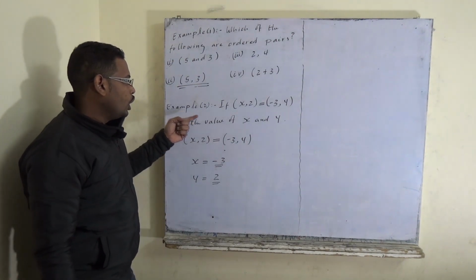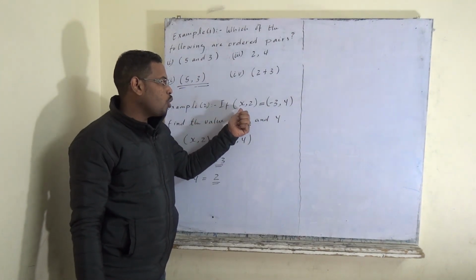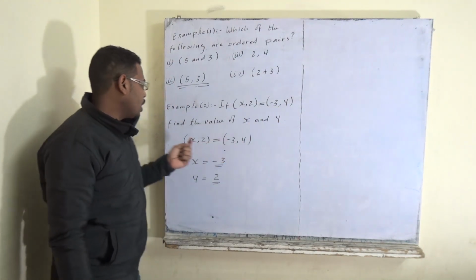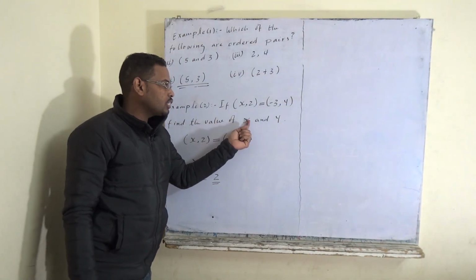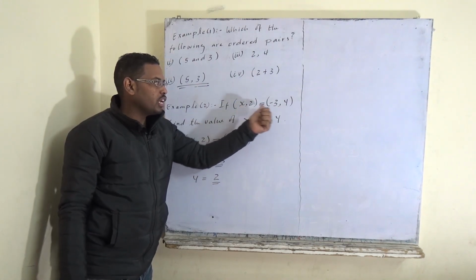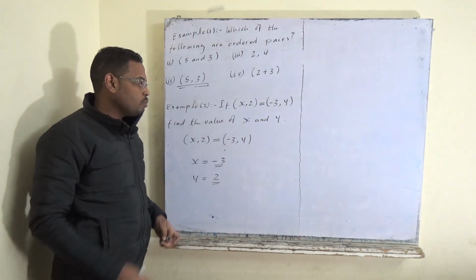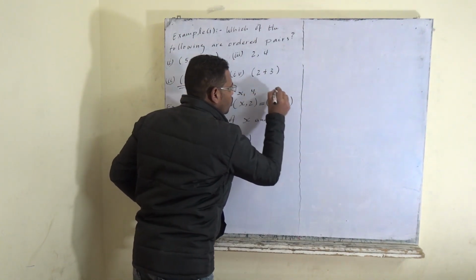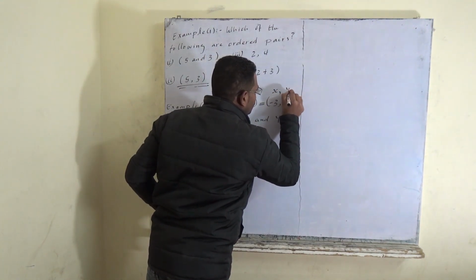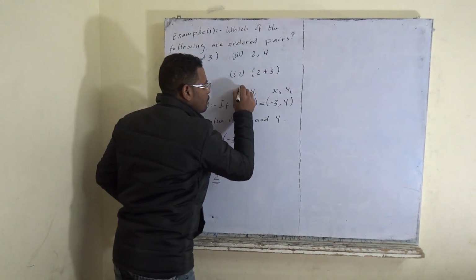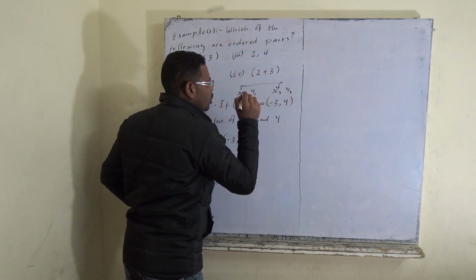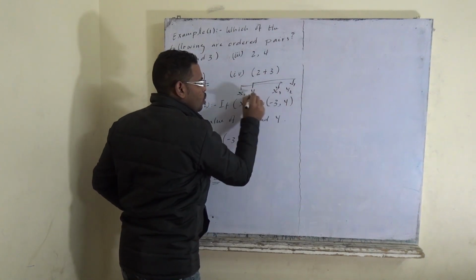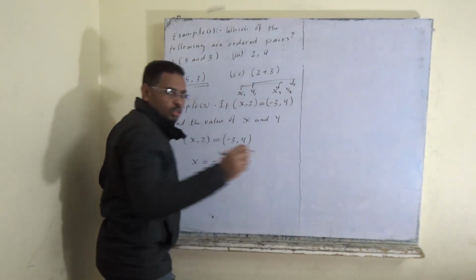Number 2, if the ordered pair (x, 2) equals to (negative 3, y), then find the value of x and y. Now, if you remember, we say this is x1, y1, and this is x2, y2. Also in the second rule, x1 equals to x2 and y1 equals to y2, isn't it?